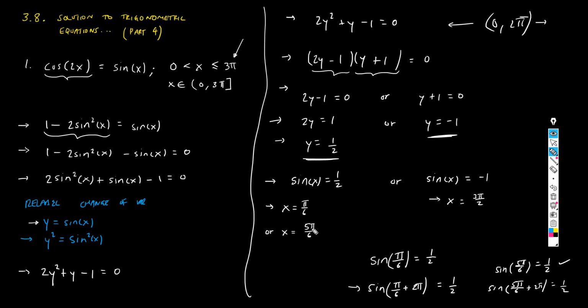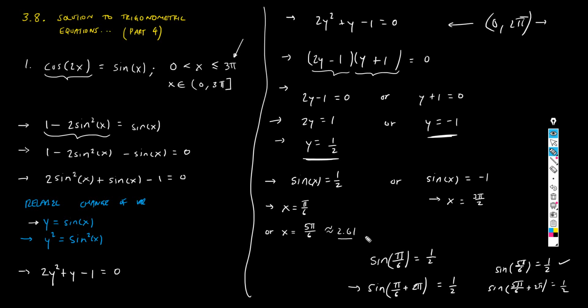Okay, and then the other value is 5 pi over 6, which if you put in your calculator, you're going to get 2.61. So for an x of 2.61, let me write that in here, which is close to 2.61.